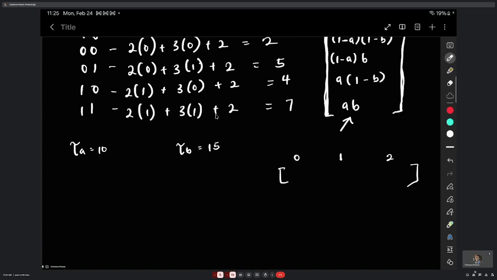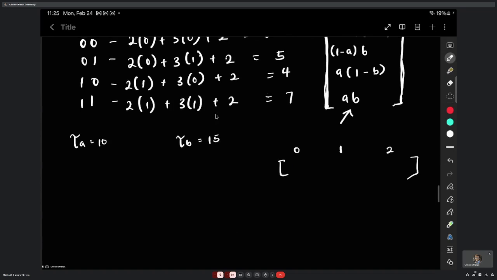So you now need to do check 0, check 1, check 2. Check 2 will be 2 times check 1.